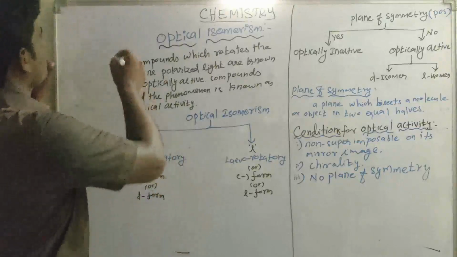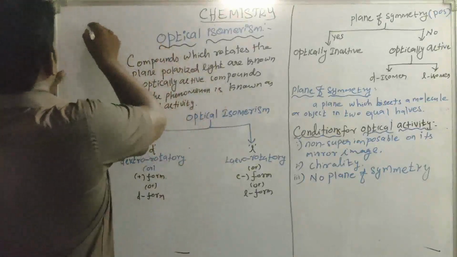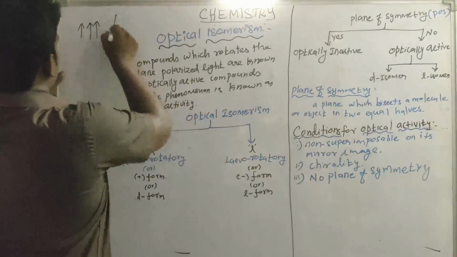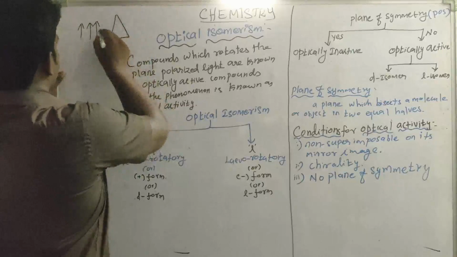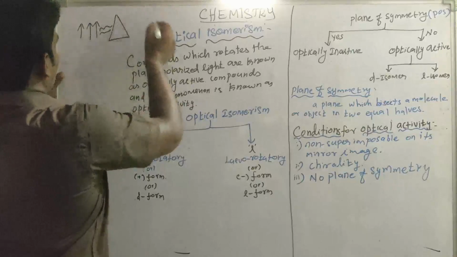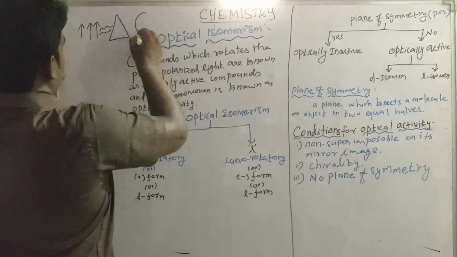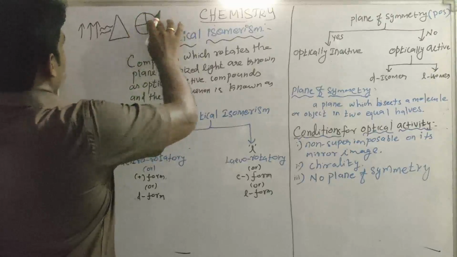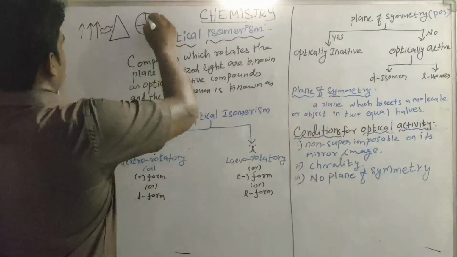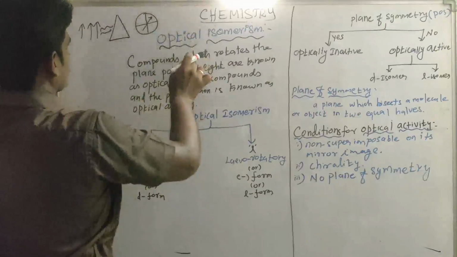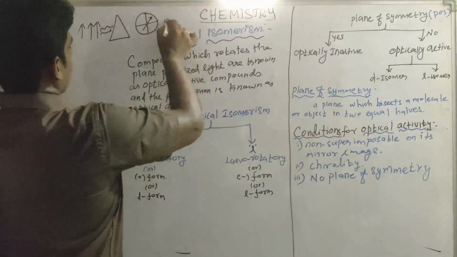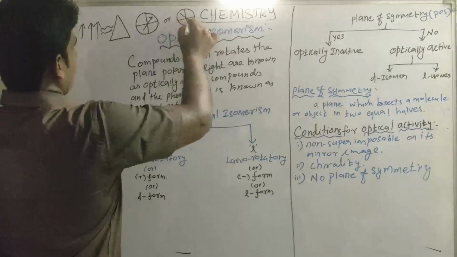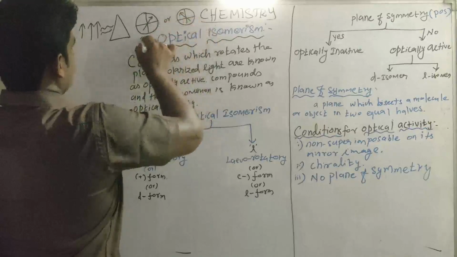So, for example, this is ordinary light. This ordinary light passes through the nicol prism. After that, we get light that rotates in the right hand side direction, or we can say it rotates in the left hand side direction.